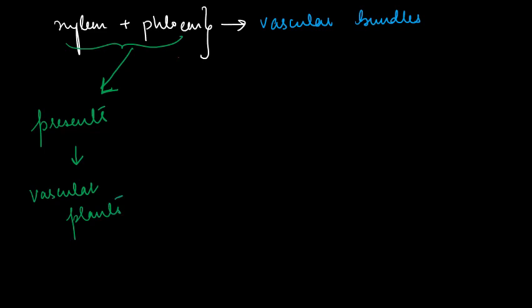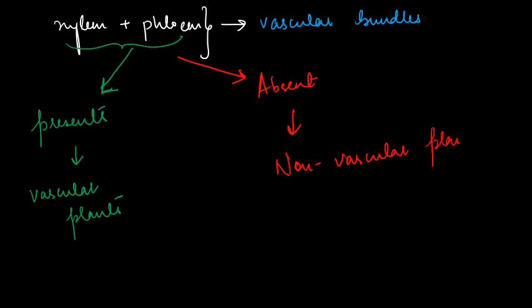But if the xylem and phloem are absent, we call these plants non-vascular plants, right? So if the vascular bundle or xylem and phloem are present, we call those plants vascular plants. If they are not present, then we call them non-vascular plants, right?